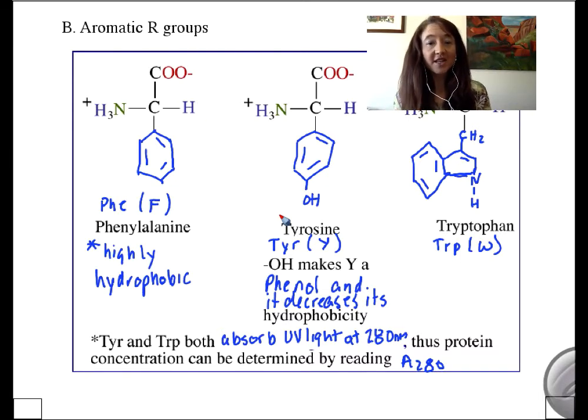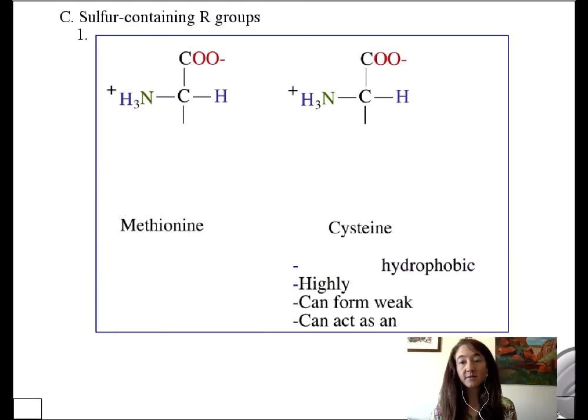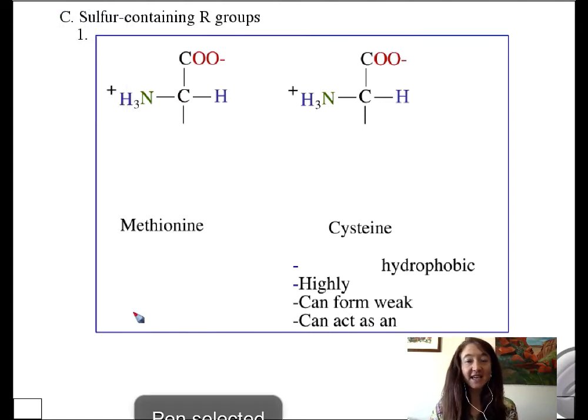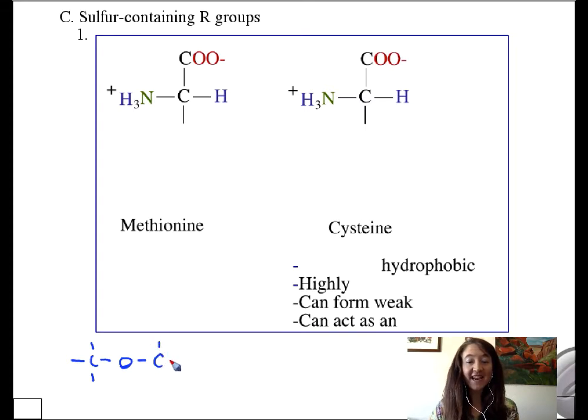So we're going to turn our attention now to looking at the sulfur-containing R groups. We have some truly exceptional amino acids. Methionine is fantastic because it contains a thioether. So I hope everybody has been reviewing the OChem review that I sent to you, and that you have reviewed what an ether looks like, recalling that it has this structure. If we have a thioether, then a sulfur replaces that oxygen.